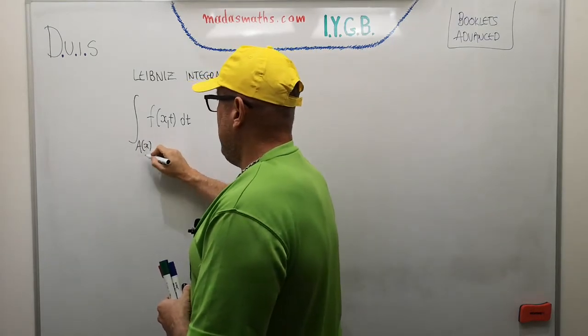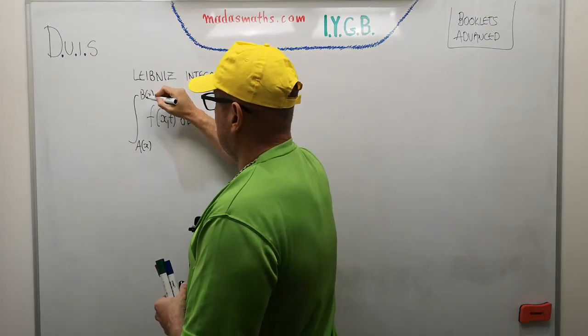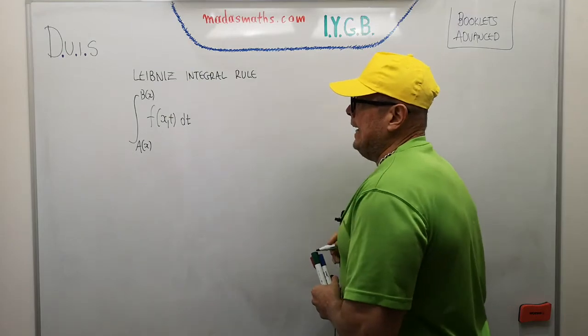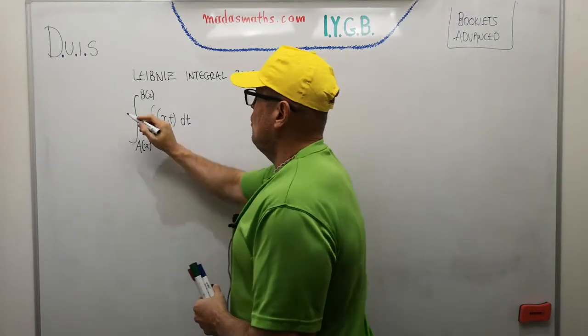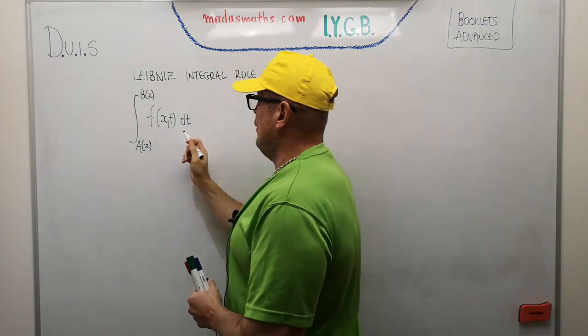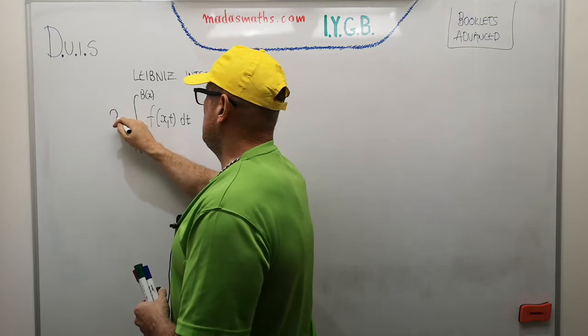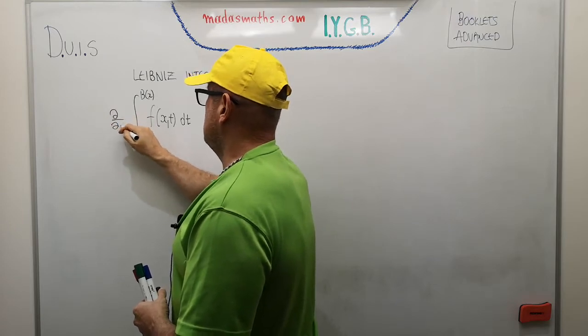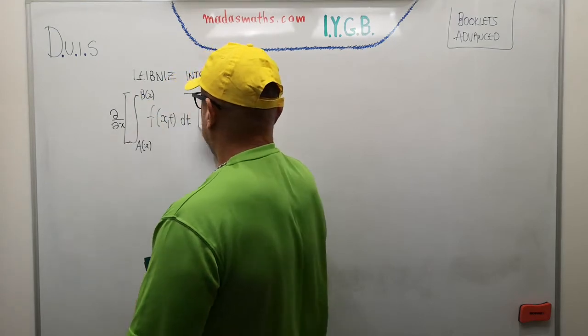The limits are a of x and b of x, functions of x. Suppose we differentiate this expression with respect to x. Because it's a function of two variables, you can actually use ordinary derivatives, it doesn't really matter. I'm going to differentiate this integral with respect to x.